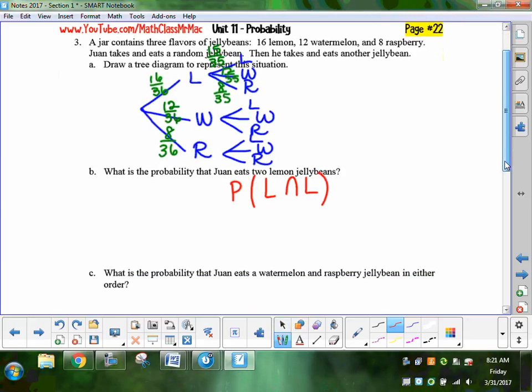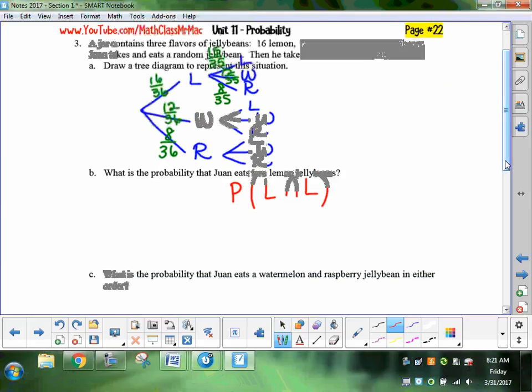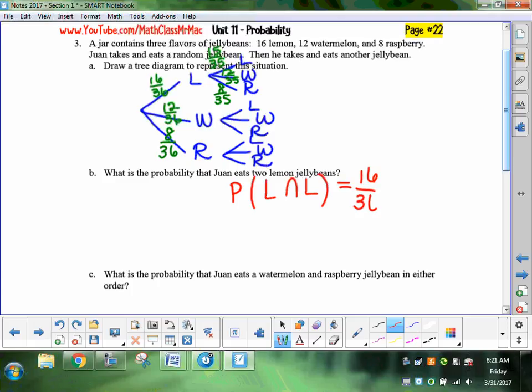Multiply the probability of drawing a lemon jelly bean first times... Which is? 16 over 36. And you said times what? Probability of drawing another lemon jelly bean. Which is? 15 over 35. What value is that going to come out to be?